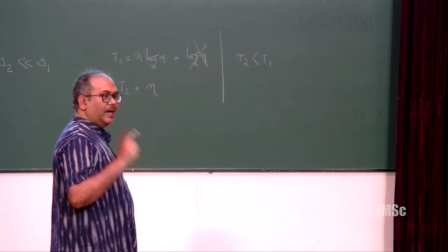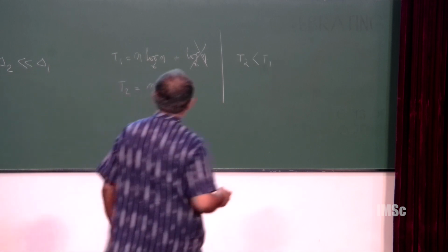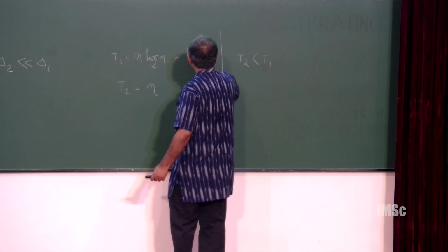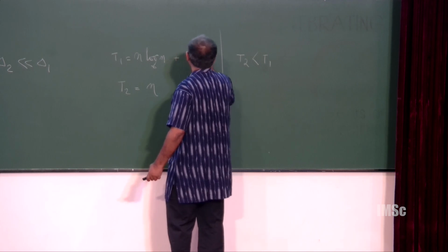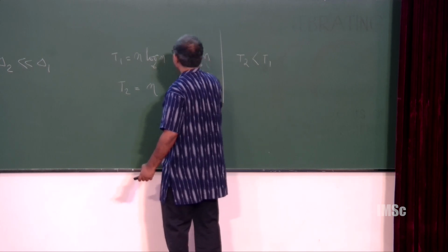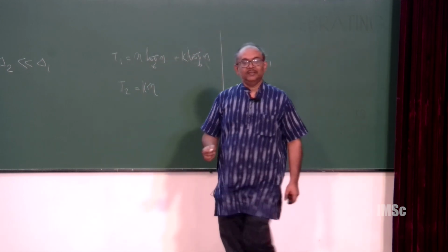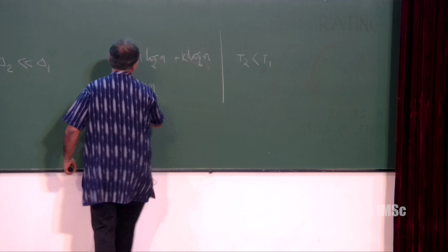Very good. So once you sort, this is a bad way of showing. I have to write it this way: log n times k, where k is a big number.